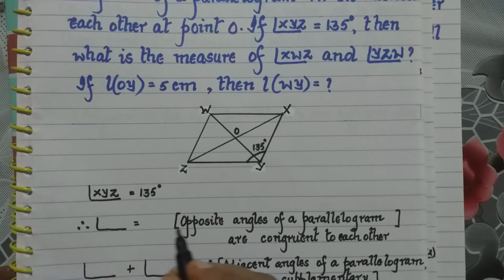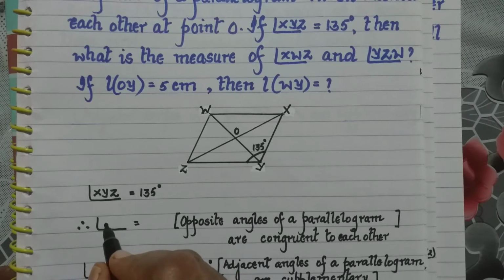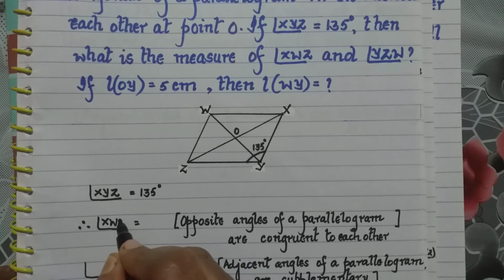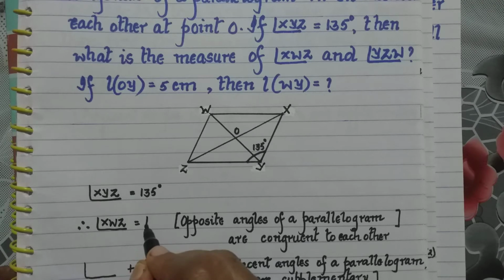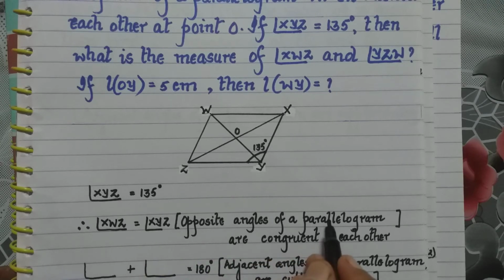So we write here angle XWZ is equal to angle XYZ. Why? Because they are opposite angles of the parallelogram and they are congruent to each other.